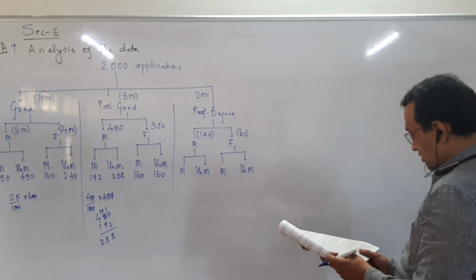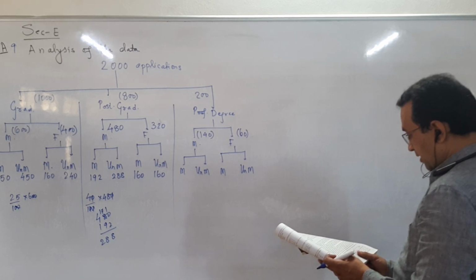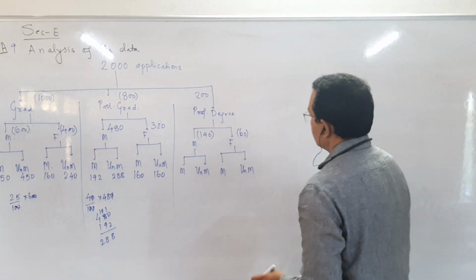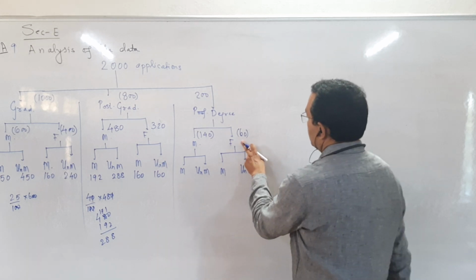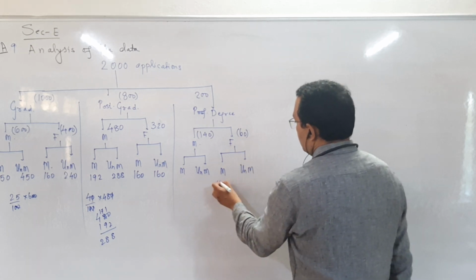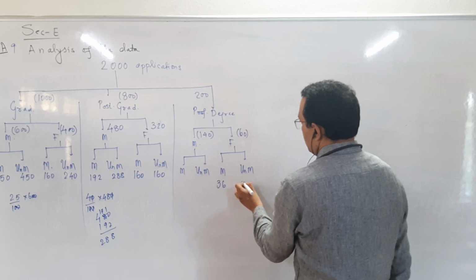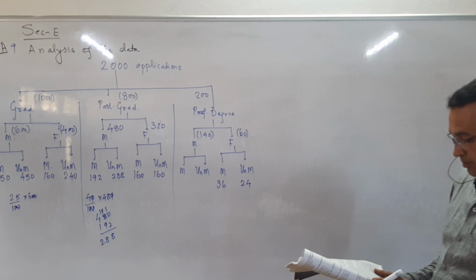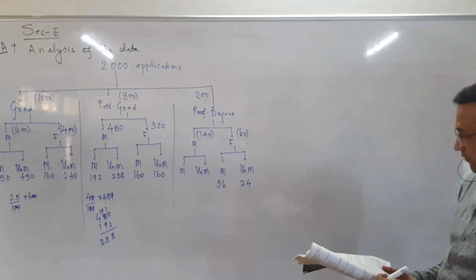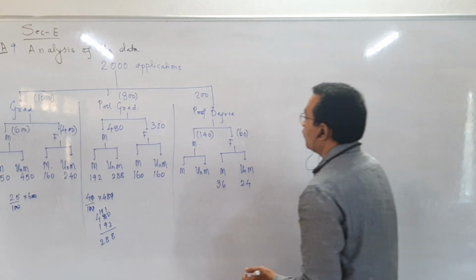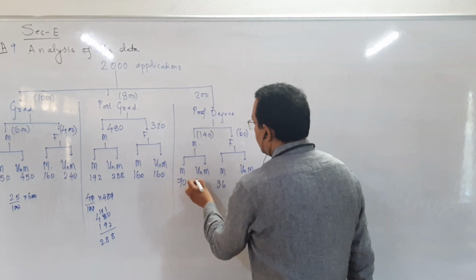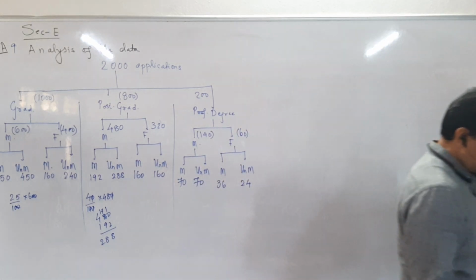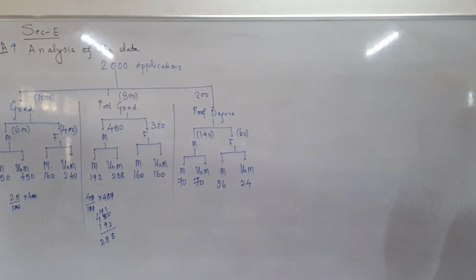So 70 and 70. Of the females, 60% were married. 60% of 60 will be 36, so this will be 24.